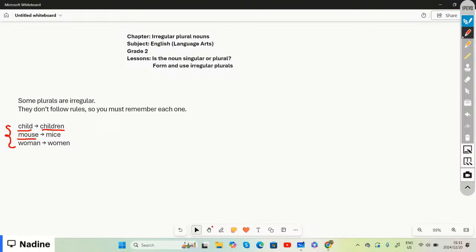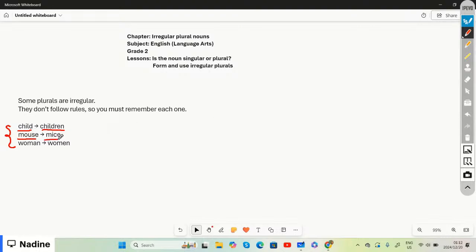But if we want to show that there's more than one mouse, we say there's one mouse, but if there's more than one mouse, we say there's mice.